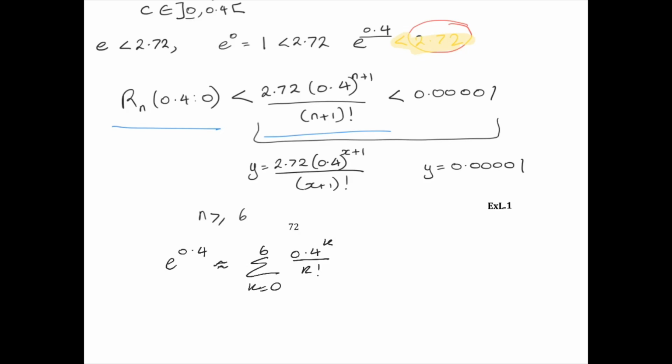Now, you could do this term by term and then add them up in your calculator, or you can put this whole sum in your calculator, press the symbols button, and choose the sigma or sum notation and enter all these things in there and let it do the whole thing for you. And you will get 1.491824356.